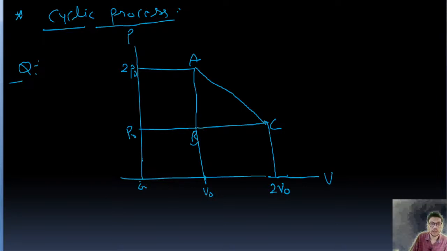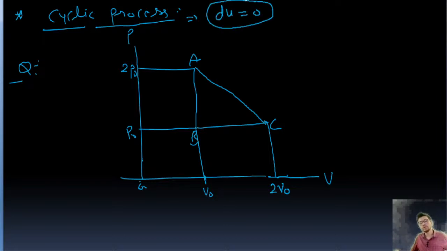Now in a cyclic process we know that the change in internal energy is 0. This you must know. Now we will find the work done.